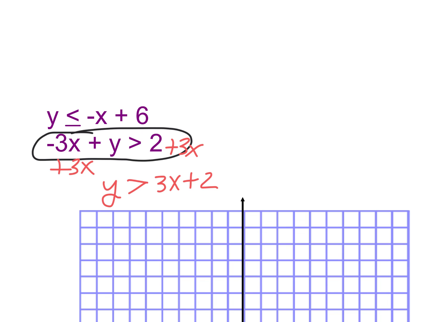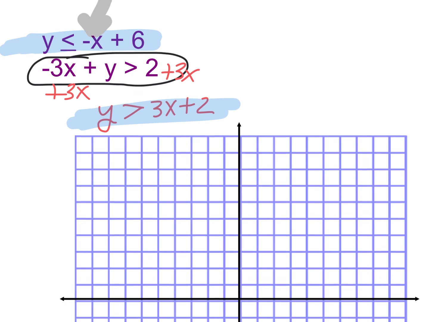And now I'm going to graph the 2 that I'm going to highlight with blue. I'm going to graph that. I'm going to graph this. One will have a solid line. One will have a dotted line. One of them has a negative slope right here. And that means that it's going down 1 and over 1. Let me just get you started on that one.